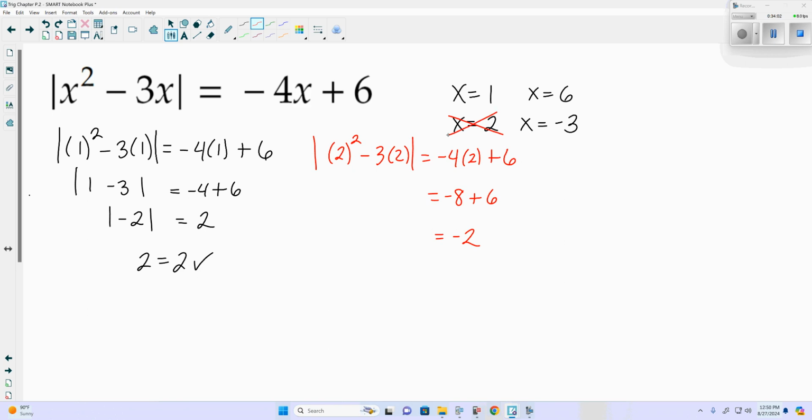We haven't finished this one here, but we can already say 2 is not going to work, because there's no way for a negative number to come out of an absolute value. Now, if we go on and check this here, 2 squared is going to be 4. Negative 3 times 2 is going to be negative 6. Our 4 minus 6 is going to be negative 2. Now, we do have a negative 2, but we have to take the absolute value of it. The absolute value of negative 2 is 2. And our 2 is not equal to negative 2.